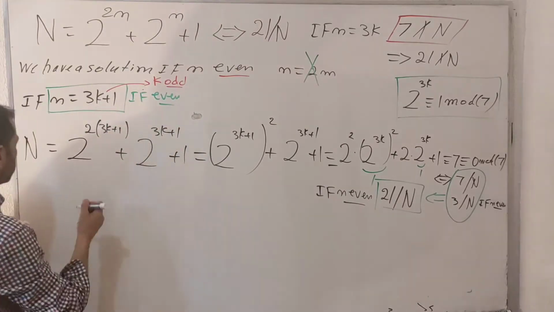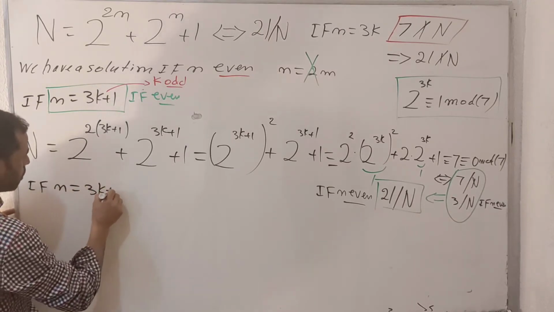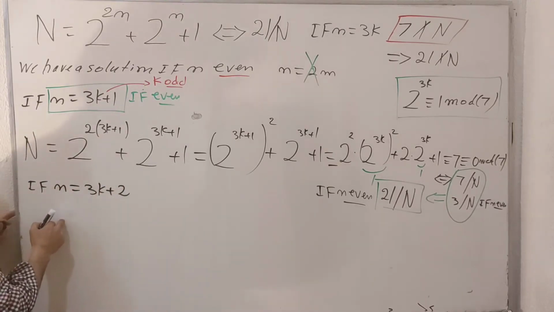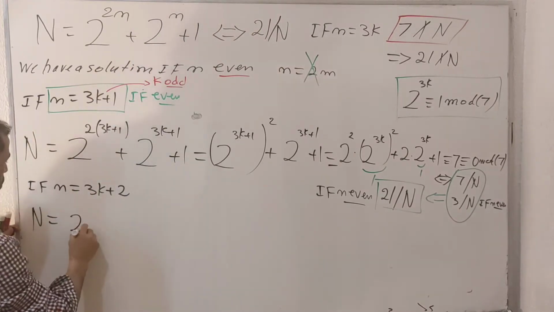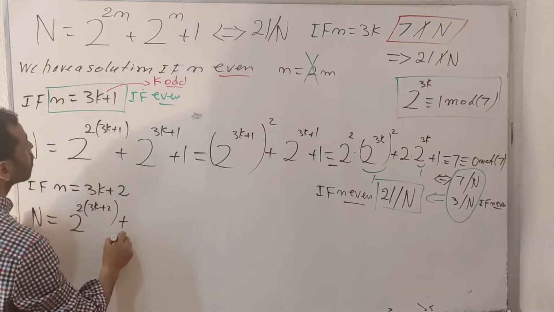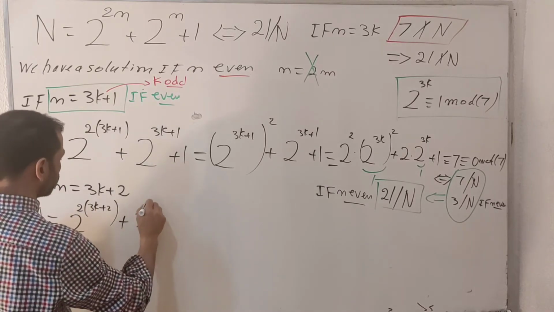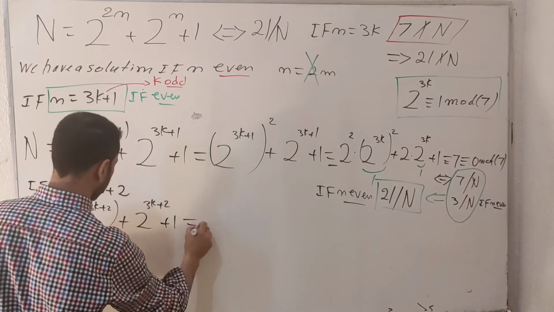Okay, let's check if N equals 3k plus 2. I'm going to do the same job by inserting this into the original one. So I will have capital N equals 2 to the 2 multiplied by (3k plus 2), plus 2 to the (3k plus 2), plus 1.